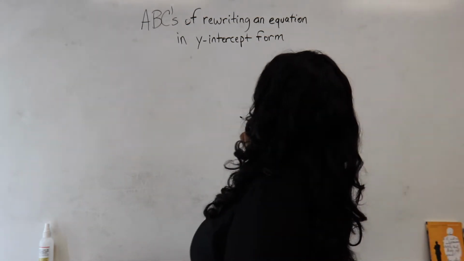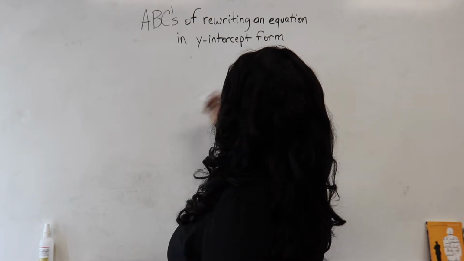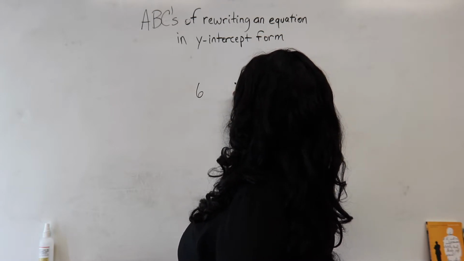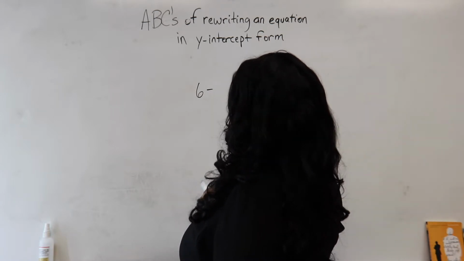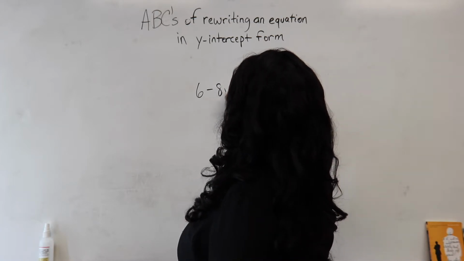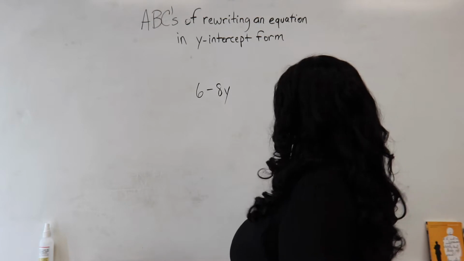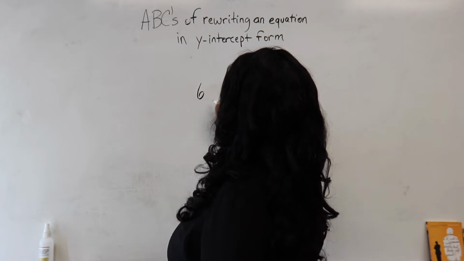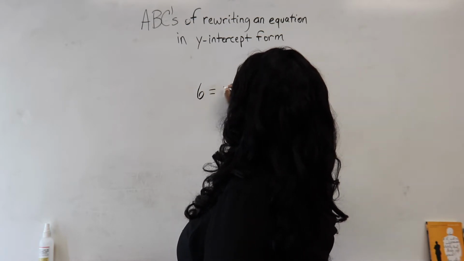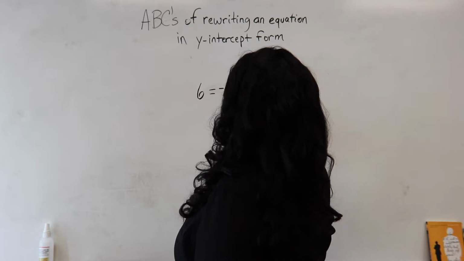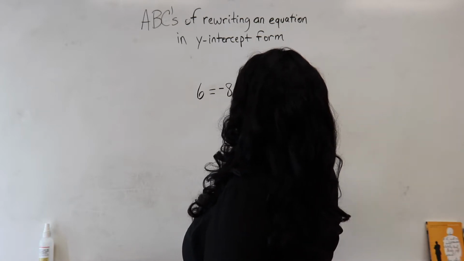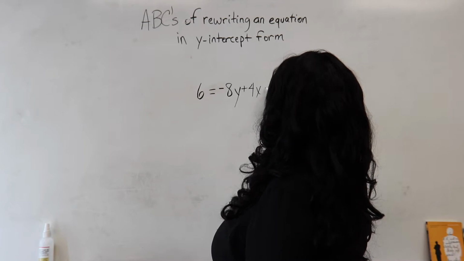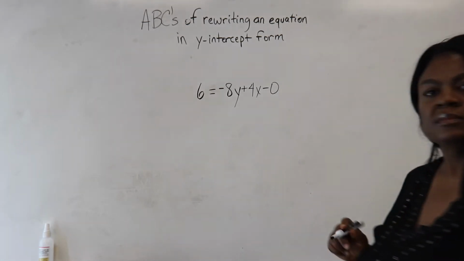So what if we had, let's see, 6 minus 8y, well, let's say we had 6 equals negative 8y plus 4x minus 0. Okay?